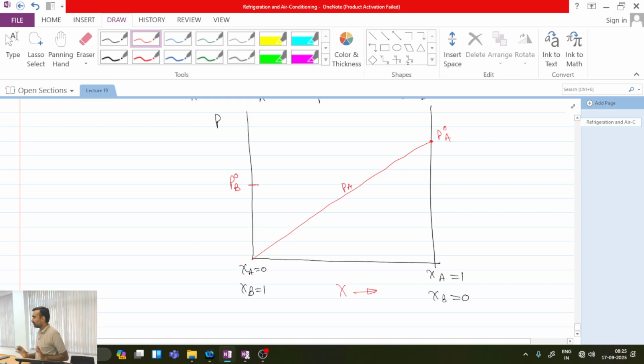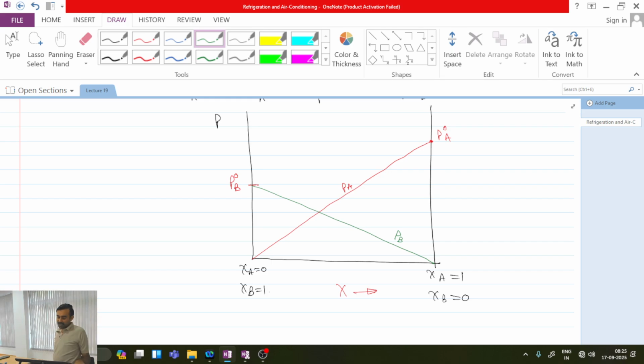Is this one clear? Similarly, I will have this line which represents the partial pressure of B at any mole fraction. All are clear with this point? And in this type of situation, the total pressure will always be the sum of PA plus PB.